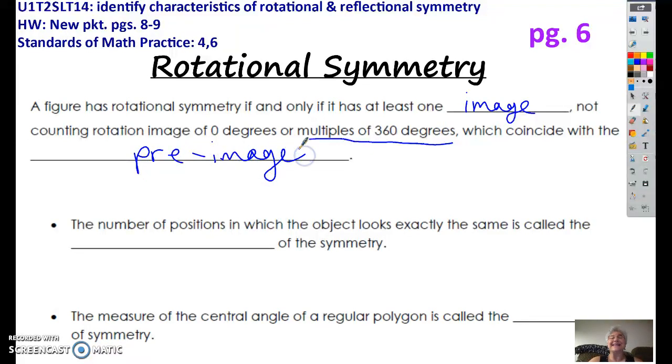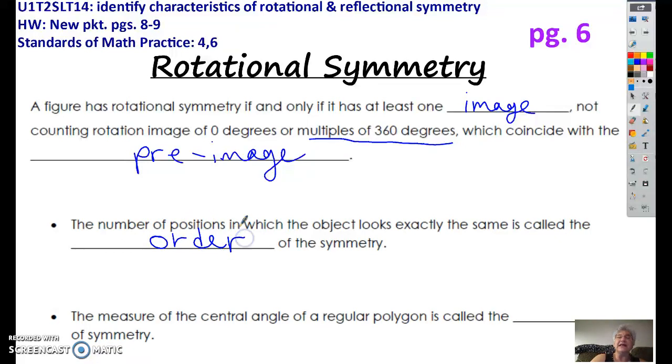So that means I get the same picture of the image that I had with the pre-image, and I don't count the very first picture, and I don't count the very last picture, especially if it only goes around one time. The number of positions in which the object looks exactly the same is called the order of symmetry.